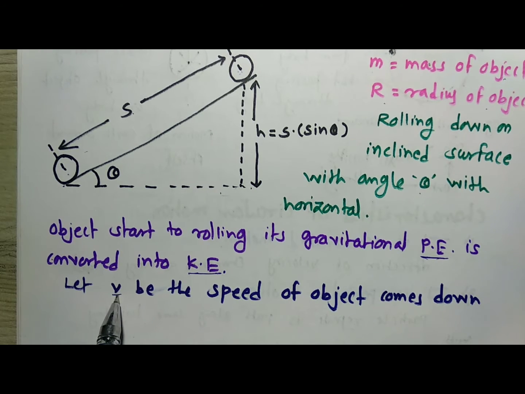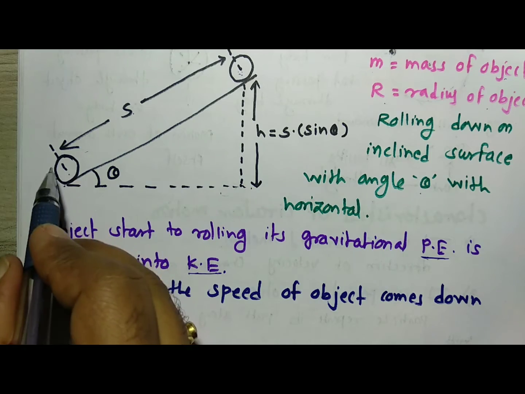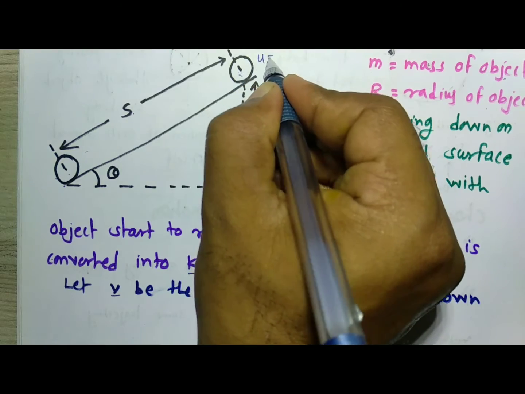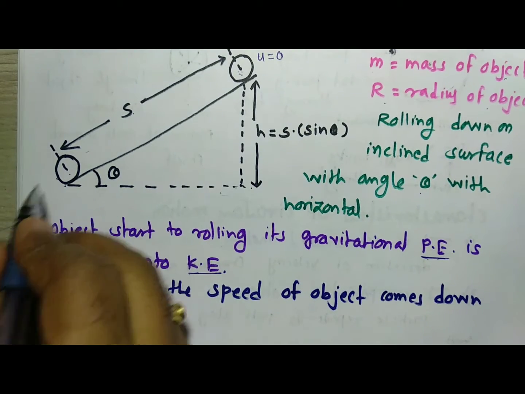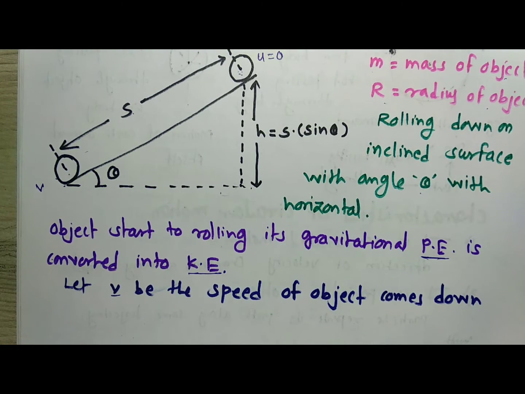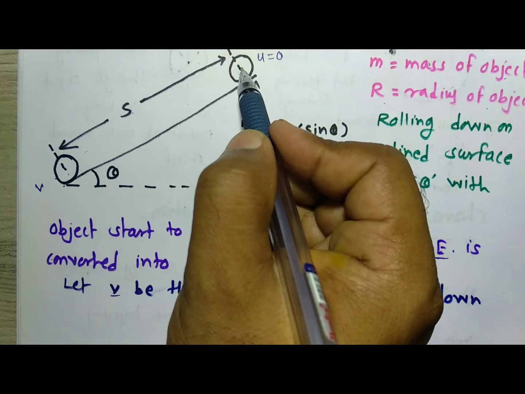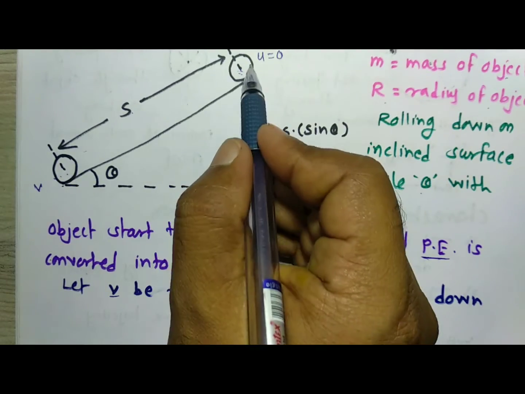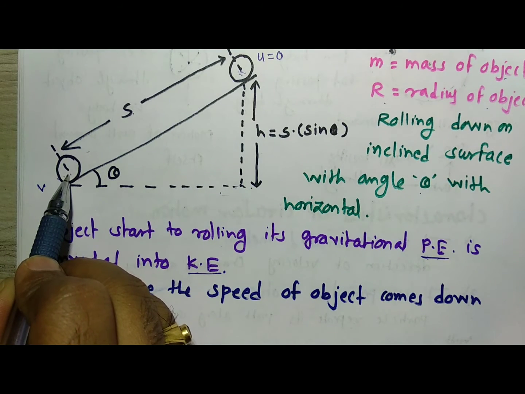Let v be the velocity or speed of the object when the body comes from here to here. The starting velocity u is 0, and when the body reaches that position, its velocity is v. When the body rolls from this position to this position, its potential energy is converted into kinetic energy at that position.